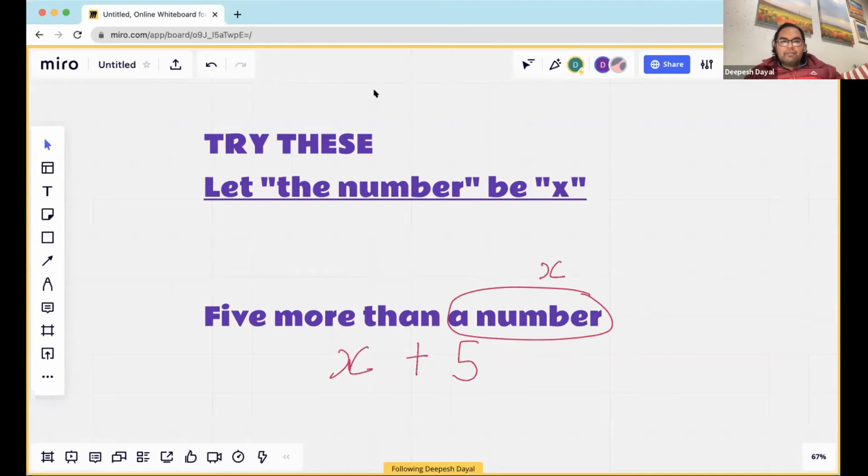So yeah, 5 more than a number. Remember the a number as well. We can even have a person there, 5 more than Oratile. So it will be Oratile plus 5, but this is the variable. Here they told us to use x, but it could easily be a person.